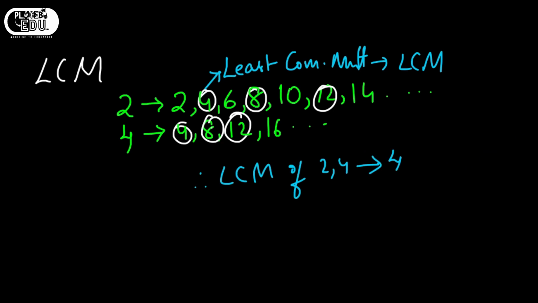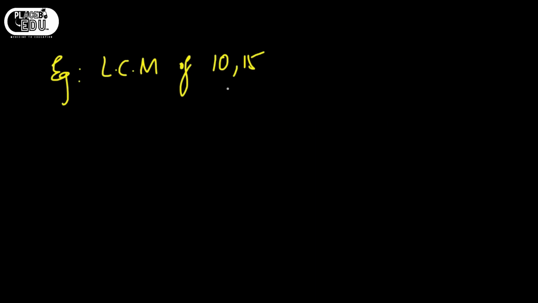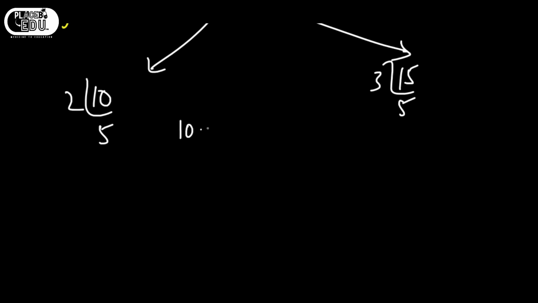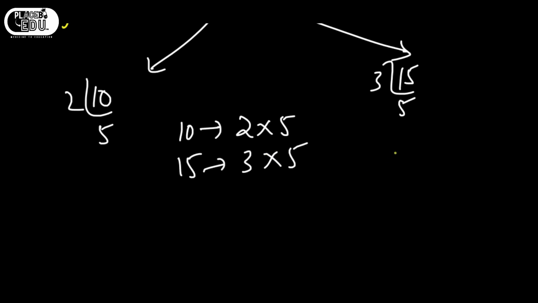So what are the methods to find LCM? For this, we have to do the prime factorization. Prime factorization of 10 is 2 into 5, and prime factorization of 15 is 3 into 5. We need to figure out what prime factors are there: those are 2, 3, 5.